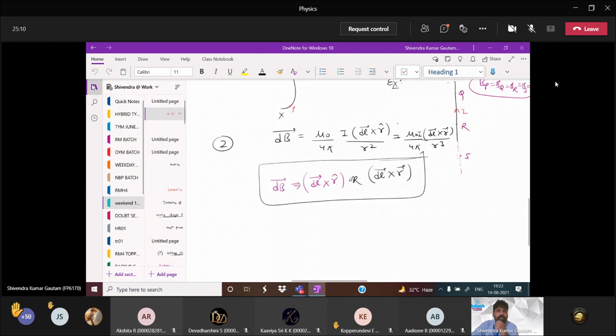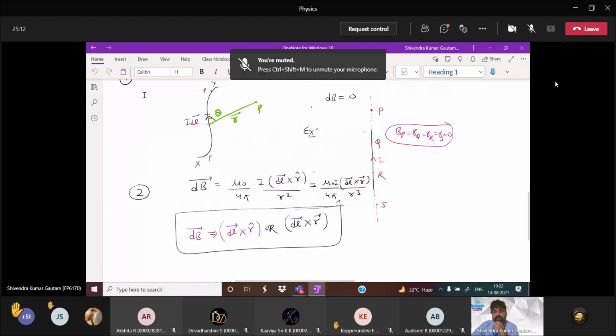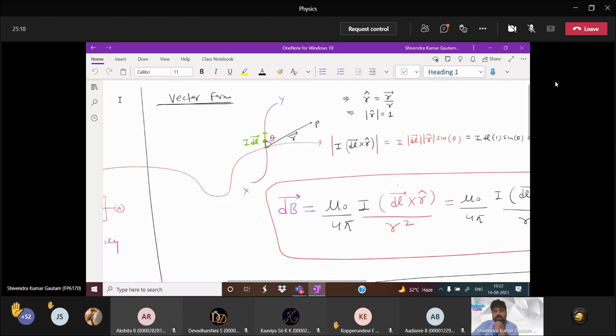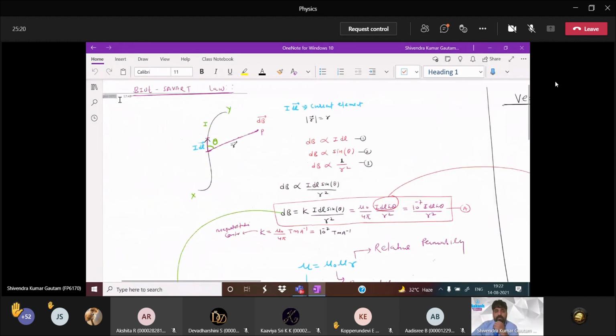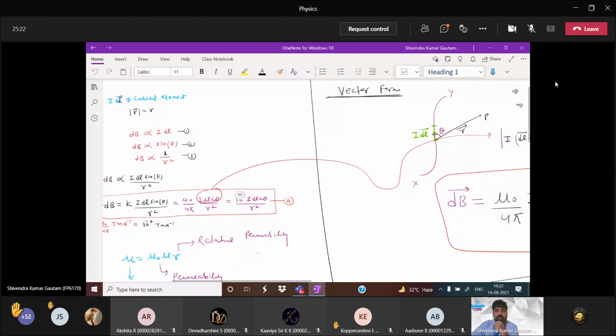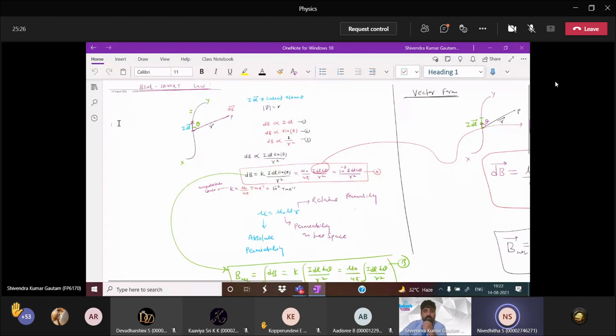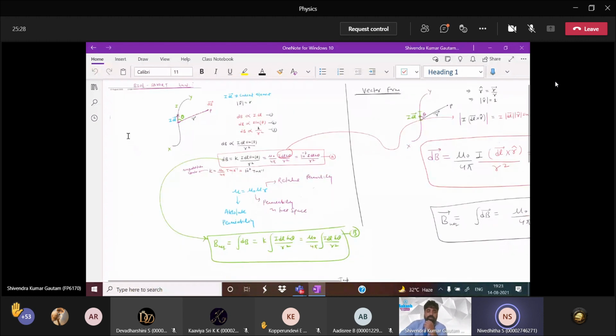From here I started the Biot-Savart law. The Biot-Savart law is used to find the magnetic field due to a current carrying conductor. Those who missed class yesterday can take a screenshot now.